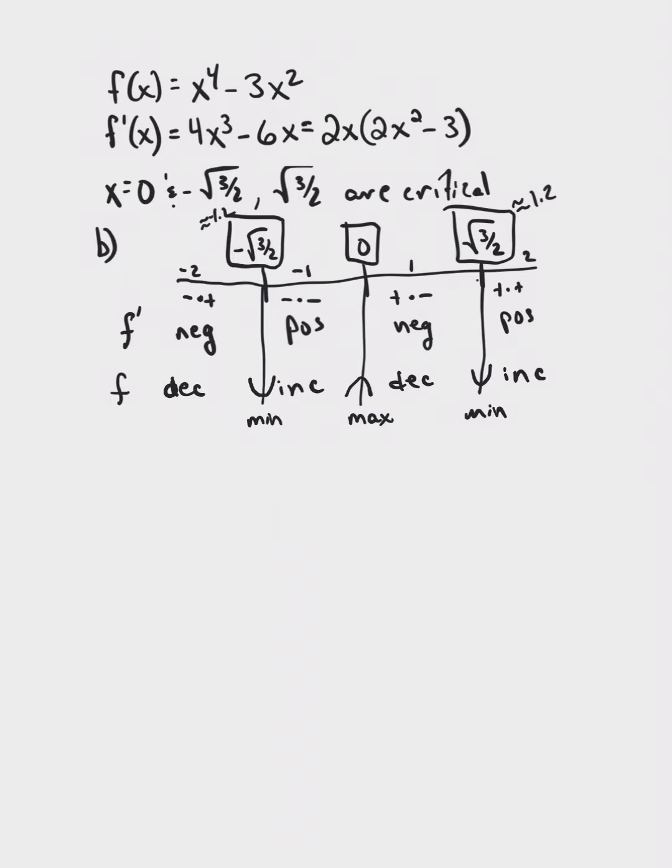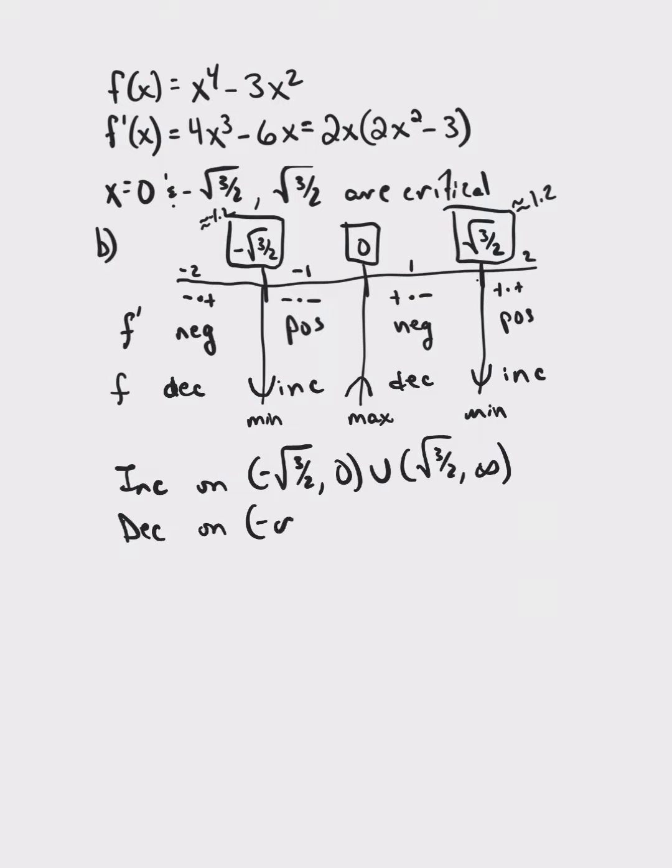So that means that this thing is increasing on negative square root of 3 halves up to 0, and then union with square root of 3 halves to infinity. And it's decreasing on just the opposite, negative infinity to negative square root of 3 halves, union with 0 to positive square root of 3 halves.